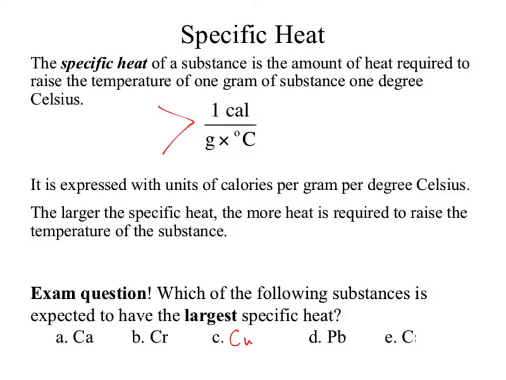Let's be a little bit more larger. Okay, let's go all out: 1,000 calories per gram degree Celsius. So what I'm saying is I have to add in 1,000 calories of energy into the system to make 1 gram go up by 1 degree Celsius.